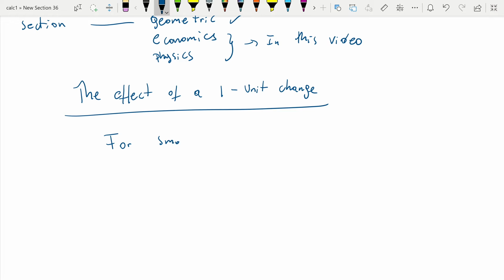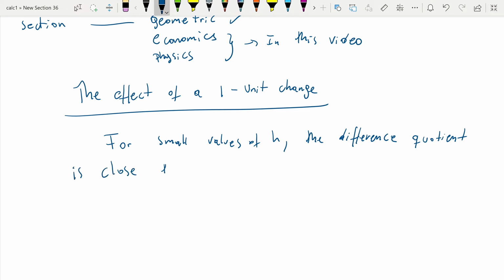So for small values of h, the difference quotient is close to the derivative itself.